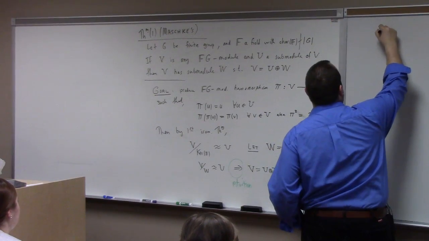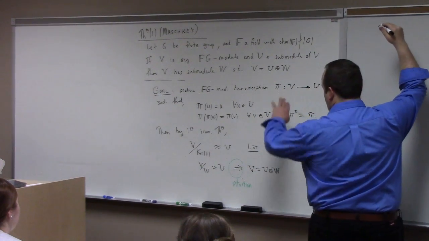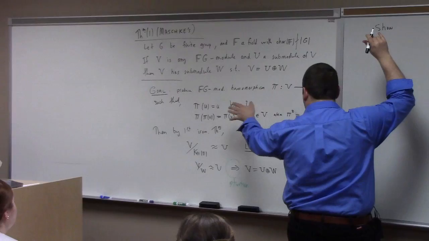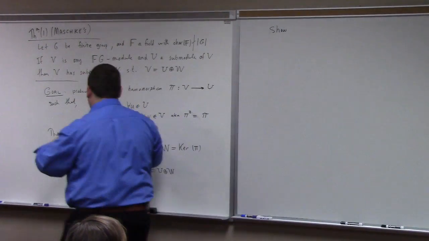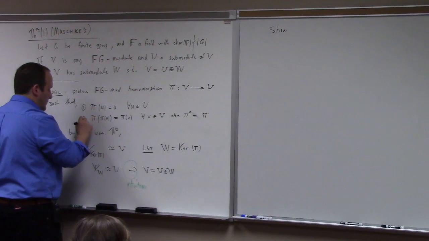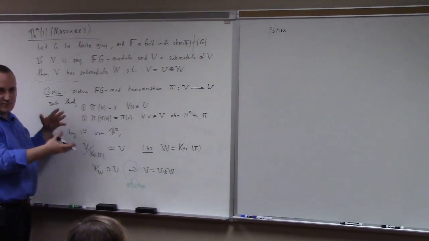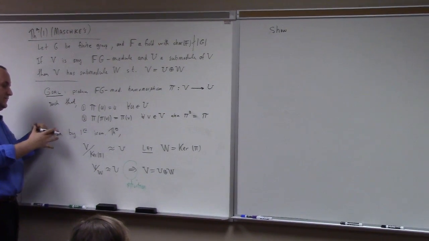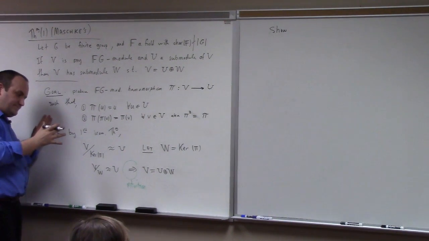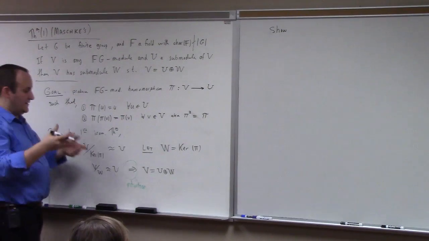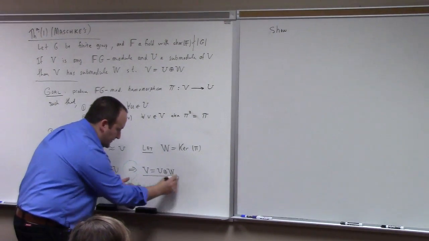At the moment this is intuition, and we need to work that out. We need to show what? Suppose we've produced this FG module homomorphism that satisfies condition 1 and condition 2. The second part of the proof is to produce the pi. What does it take to show this?